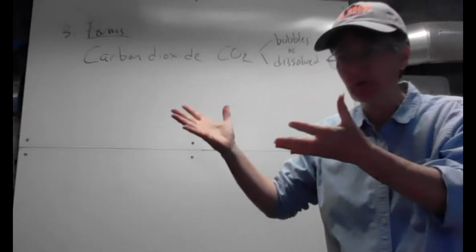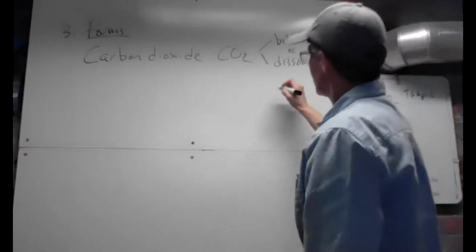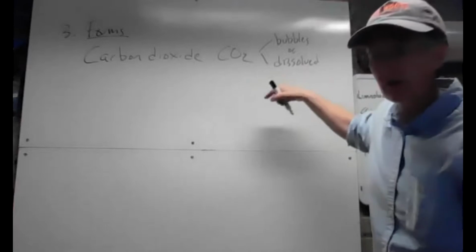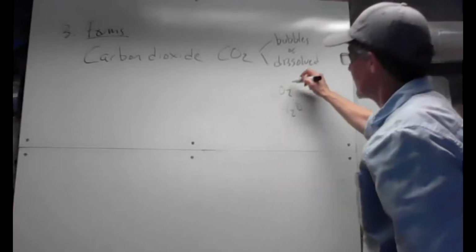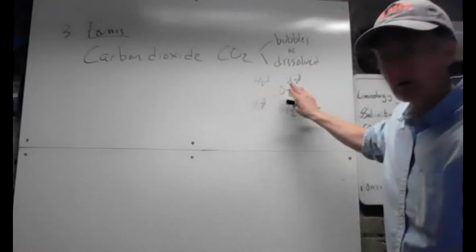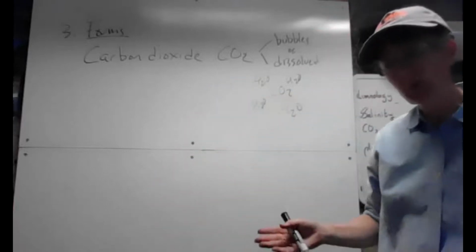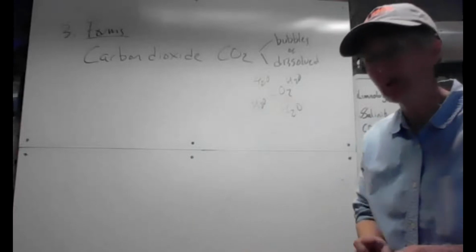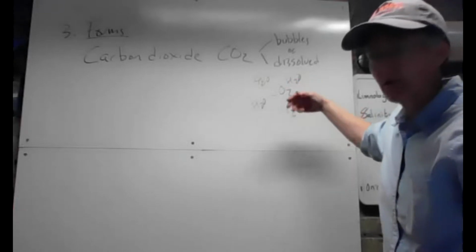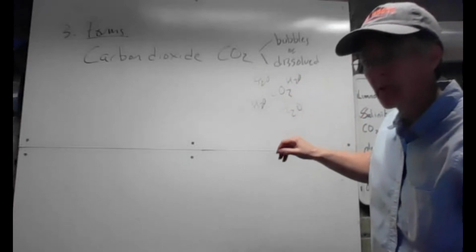The same number of molecules could be in the water, but if every one of them is surrounded by water, so like here's a CO2 molecule, instead of there being a whole lot of them together acting like gas, every one of these is surrounded by water, separated from another CO2 molecule. So when we say dissolved, what we really mean is they're separated into individual molecules, each one of which is surrounded by water molecules. It's kind of a picture.